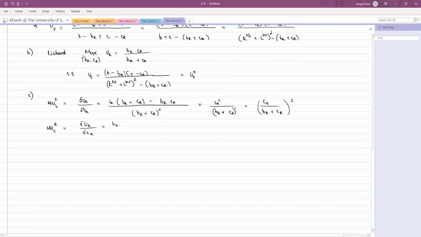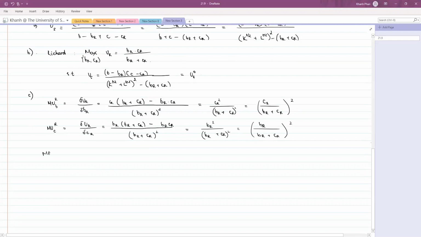I'll get BR plus CR minus BR times CR times 1, and everything divided by BR plus CR squared. So that will give me BR squared and everything divided by BR plus CR squared. So that is BR on BR plus CR, everything squared.